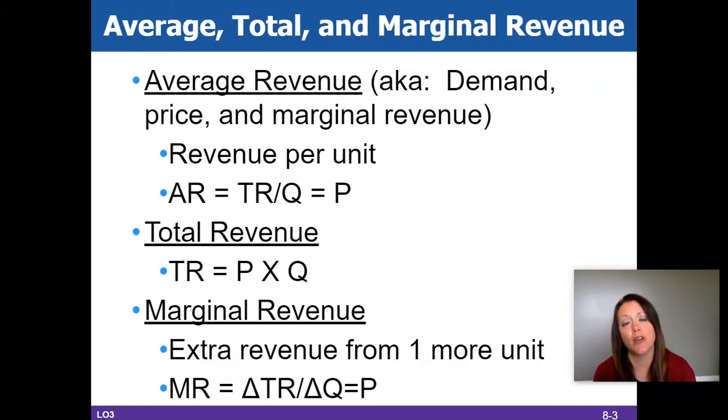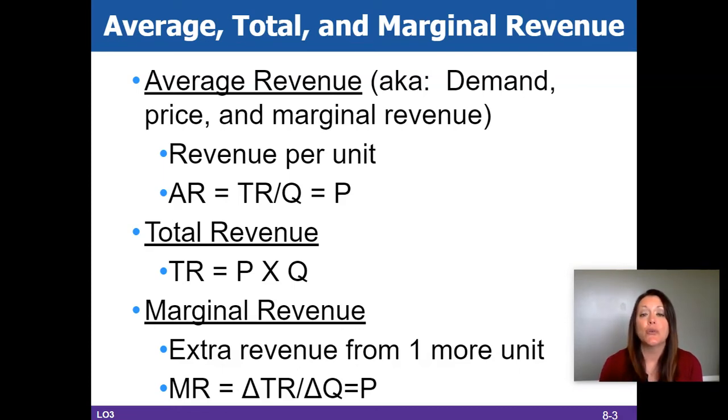If you make two products and sell them, that'd be a total of 40 divided by 2, it's $20. Sell three, $60 divided by three, $20, and so forth. So every time you sell an extra item, you're making 20 more dollars. And so that's your marginal revenue. And your average revenue is going to be that same $20.